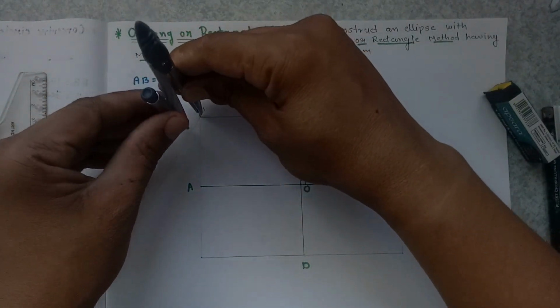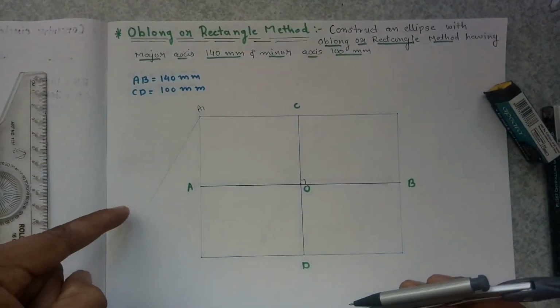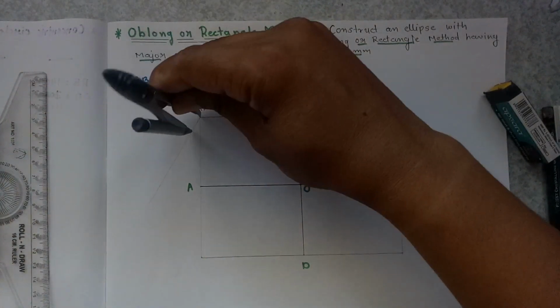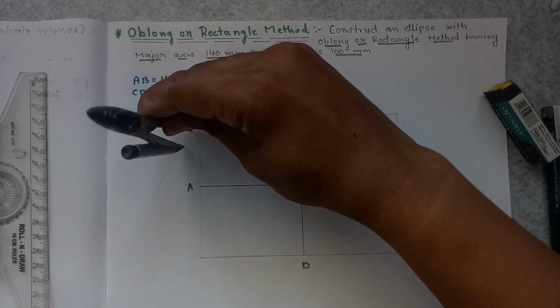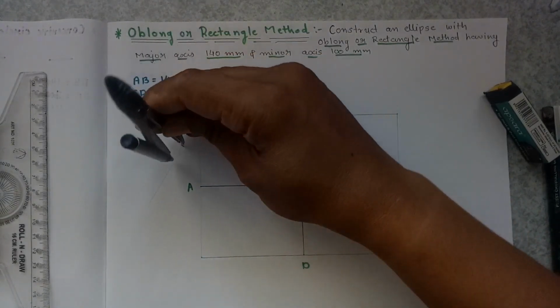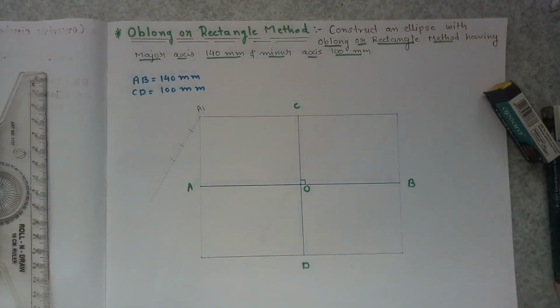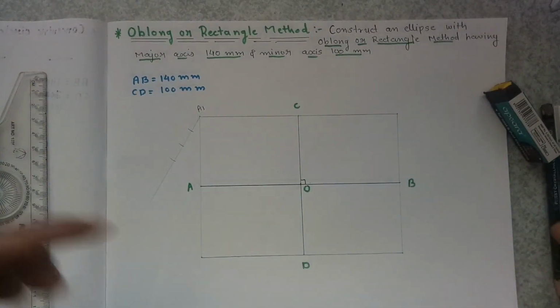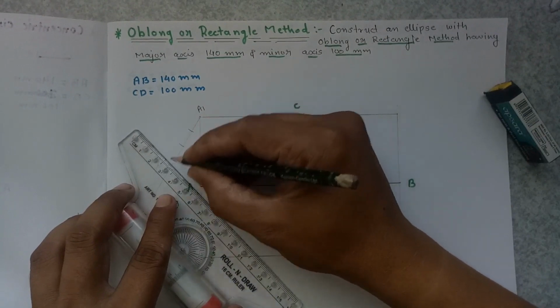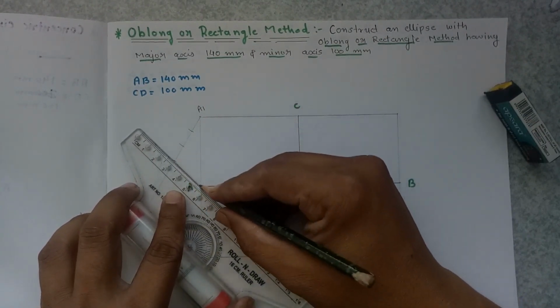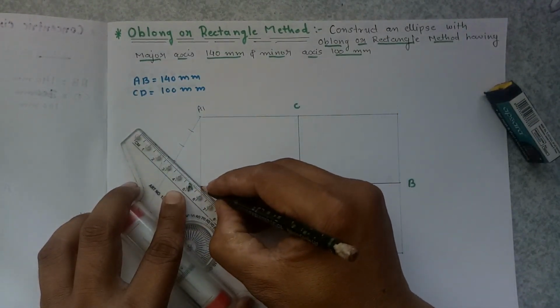So for that, draw an inclined line from A1, mark 3 units of equal length, because we are going to divide this line into 3 equal parts. Now connect the last point 3 to the other end of this line.